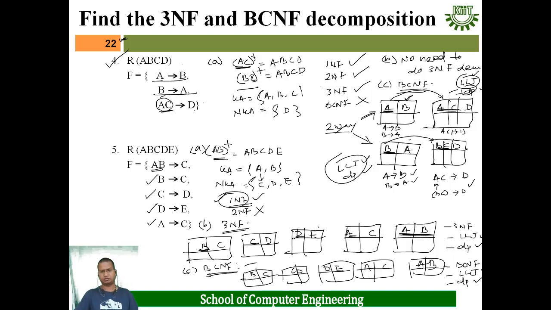That means all the dependencies are preserved. Just see here, AB determining C. We have to check whether AB determining C is preserved or not. If you check, the dependency is preserved, AB determining C will also be preserved. That means this is the highest form of decomposition. Then the preferable form of decomposition is your BCNF in this case.